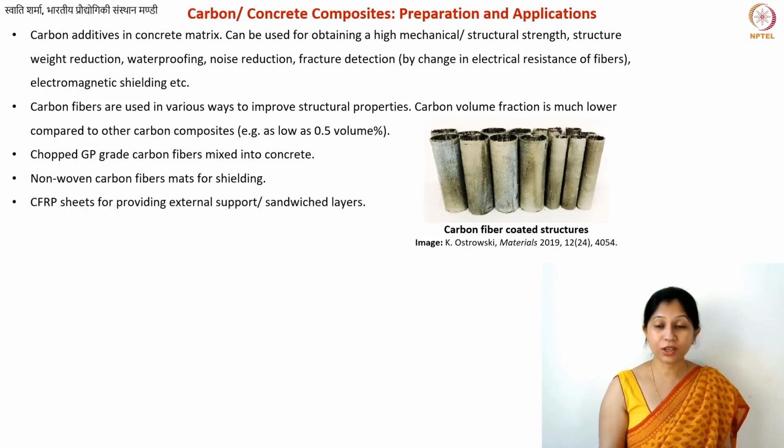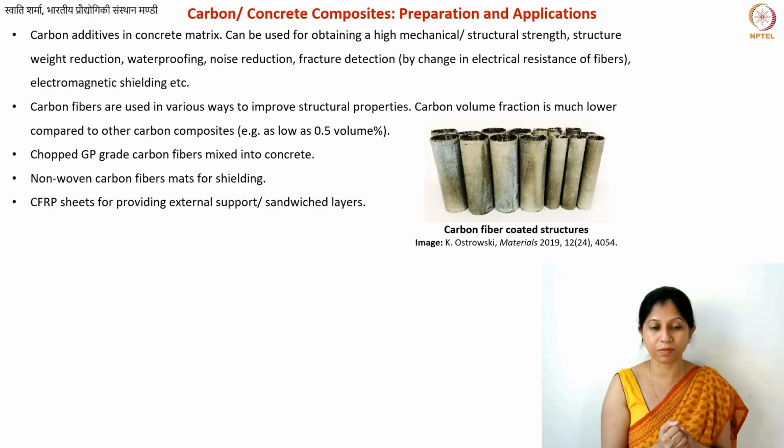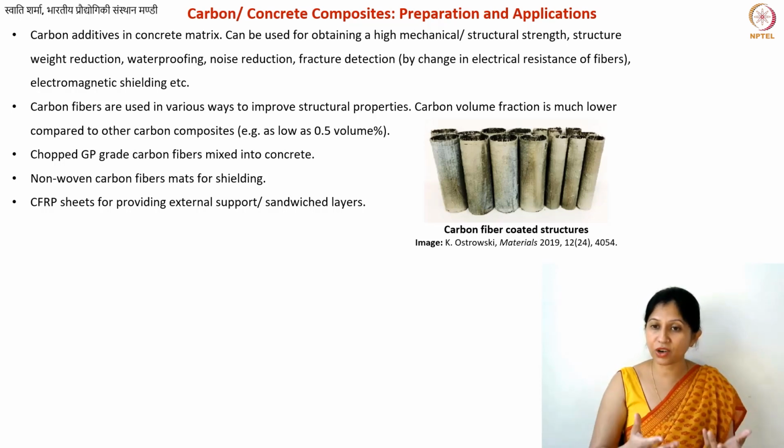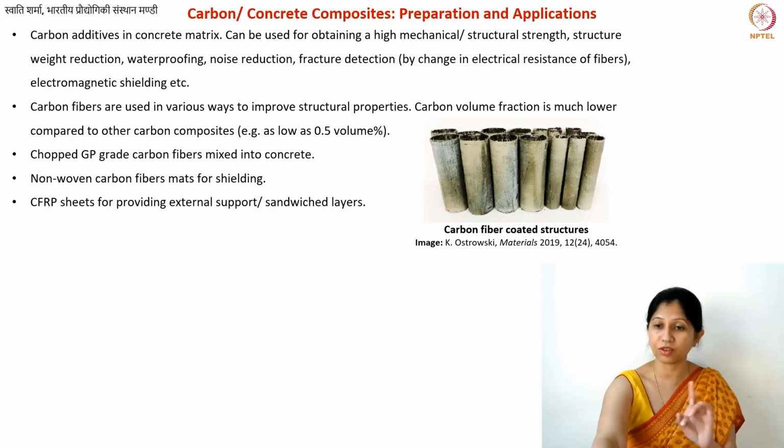Okay, what you can also do is, rather than using the carbon fiber directly, you can use the CFRP preforms. We already talked about, also in the case of metal matrix composites, that you can use these preforms. And not just the preforms, you can also use CFRP sheets or CFRP structures. So laminates, in this particular case, you can use laminates to provide external support to your structure.